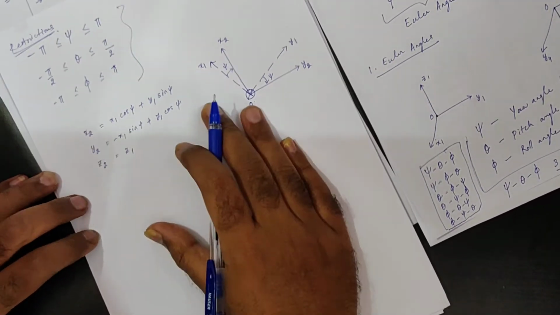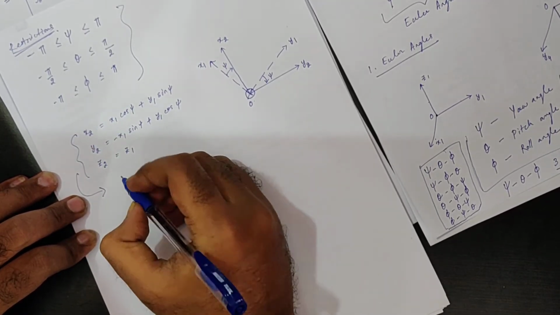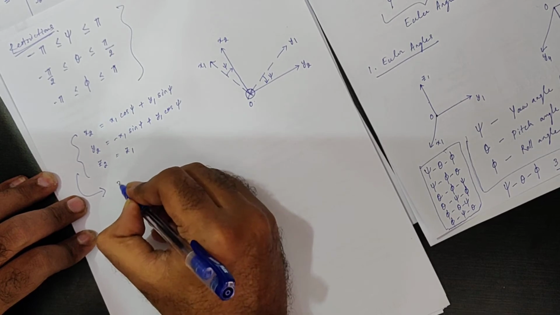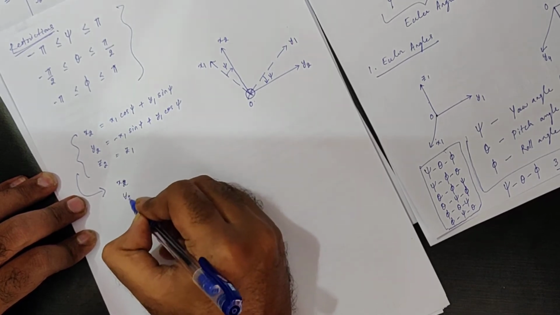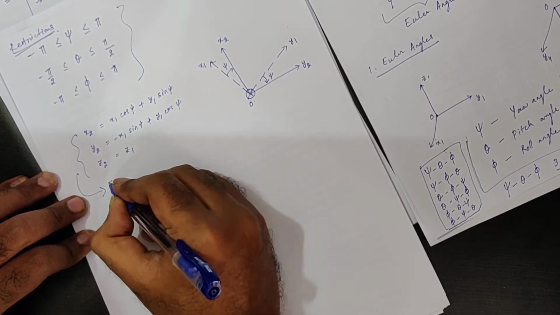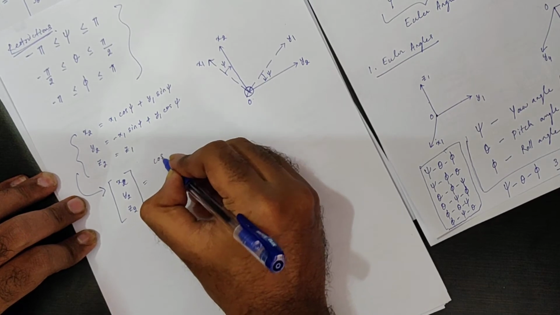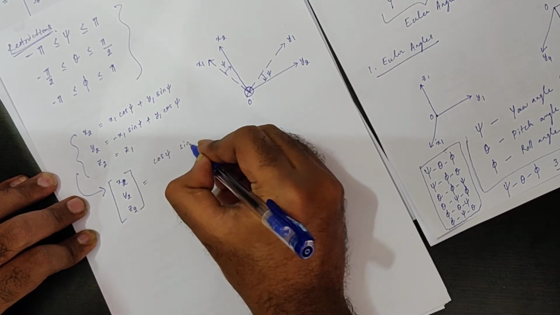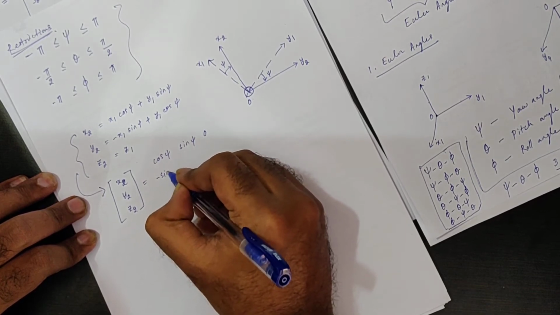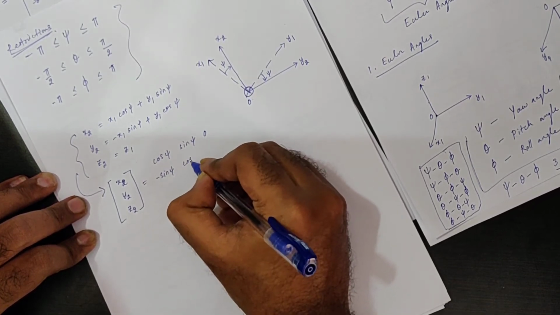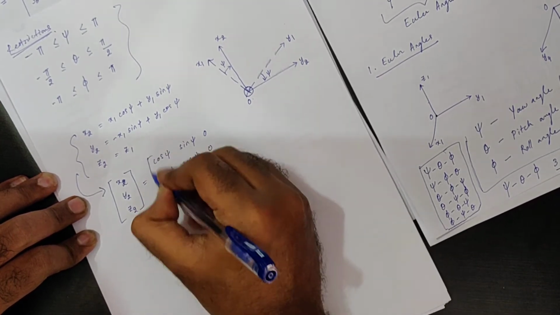Now these equations can be represented in the matrix form, and it can be written as x2, y2, z2, then cos psi sin psi 0, minus sin psi cos psi 0, 0 0 1.